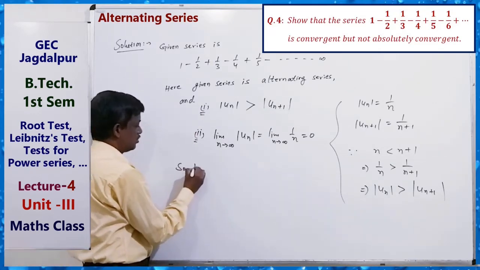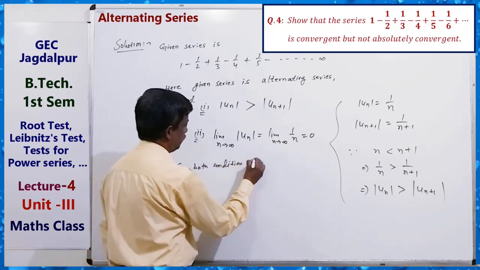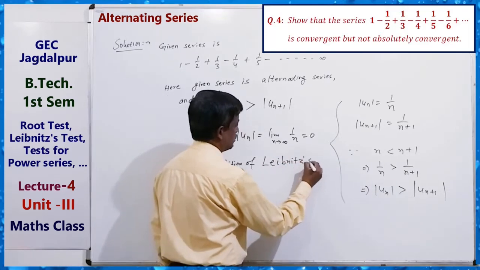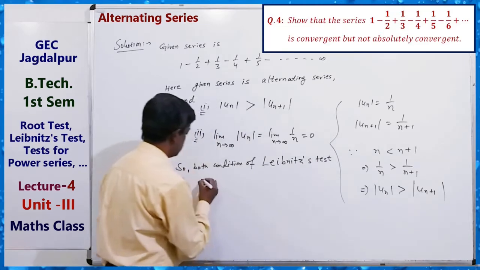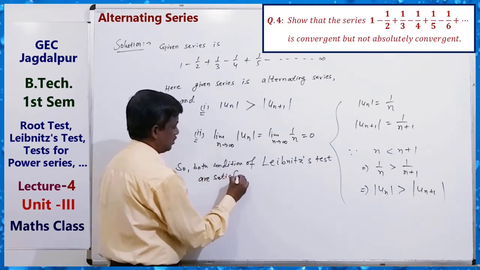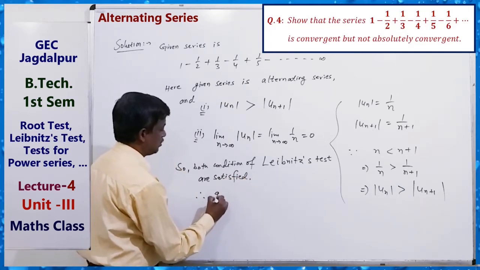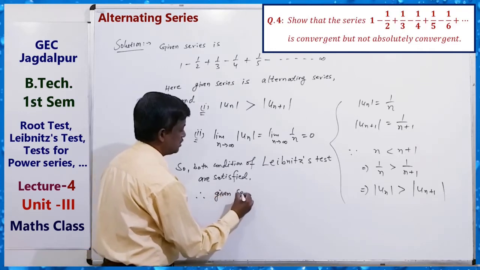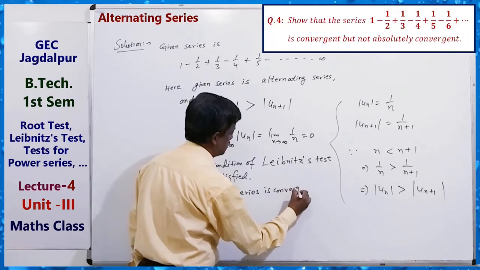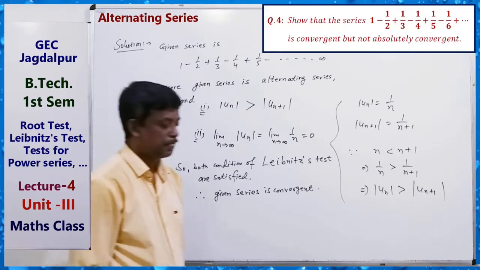So both conditions of the Leibniz test are satisfied. Therefore the given series is convergent.